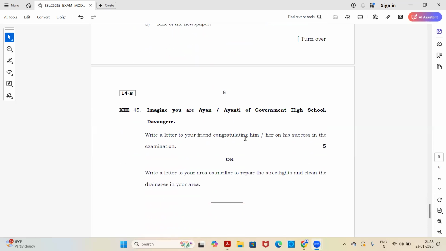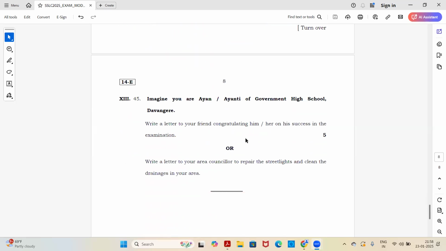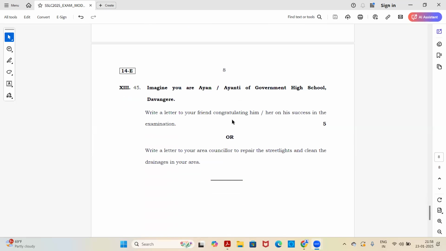Next is your letter writing. Imagine you are Ayan or Anthi of Government High School, Davangere. Okay, so as the name is mentioned, you need to write a letter to your friend congratulating him or her on his success in the examination. So this is your informal letter because you're writing it to your friend. Or you have to write a letter to the area councillor to repair the street lights and clean the drainages in your area. So this is a formal letter because you're writing it to the councillor of your area.